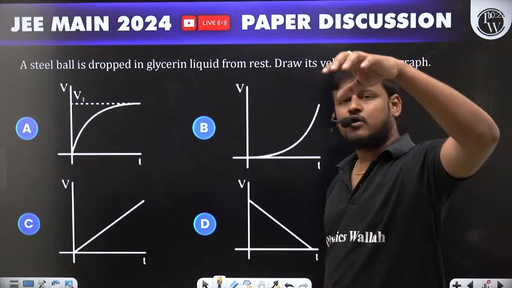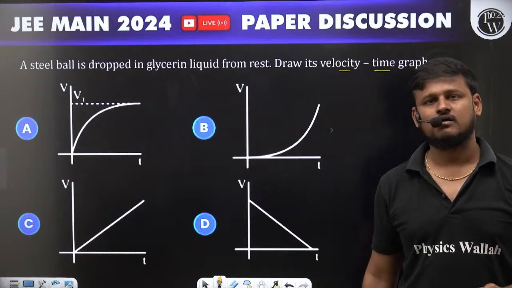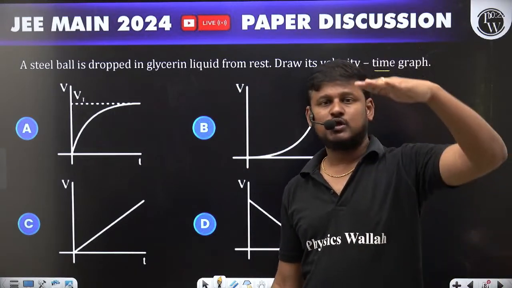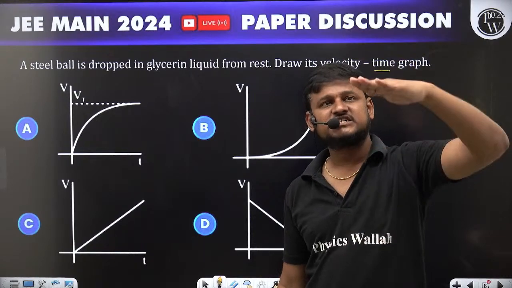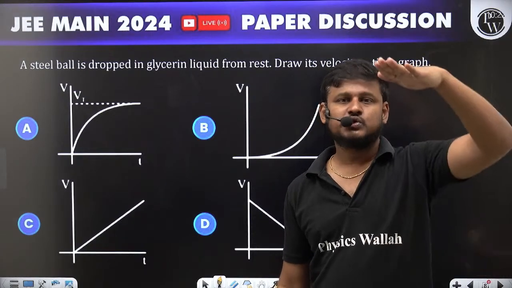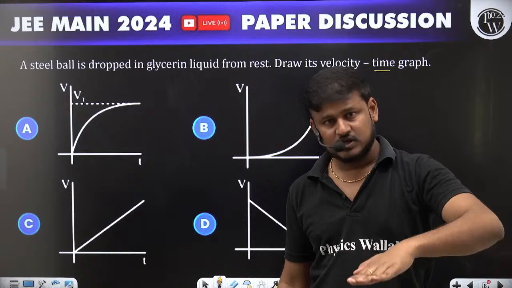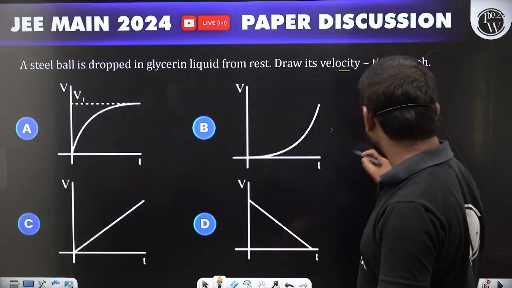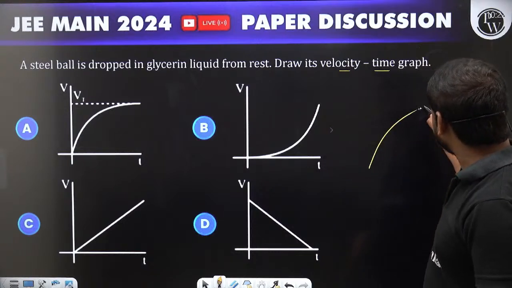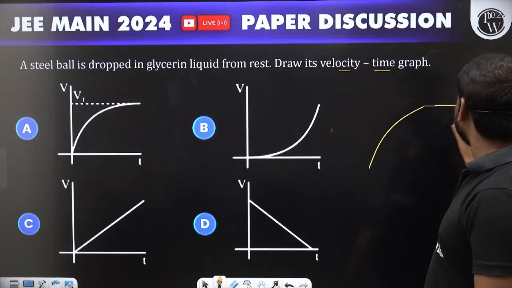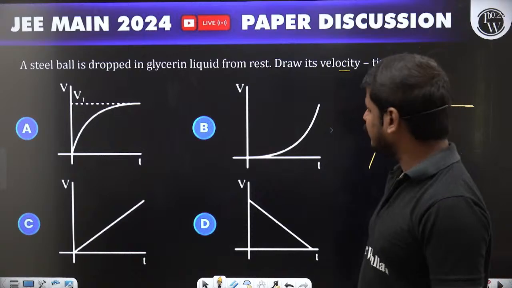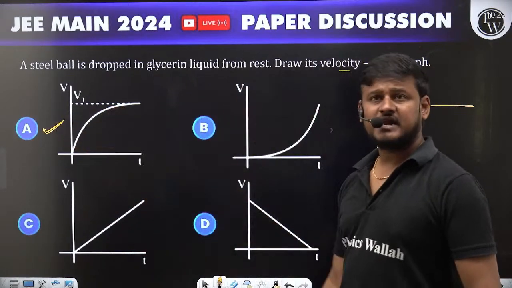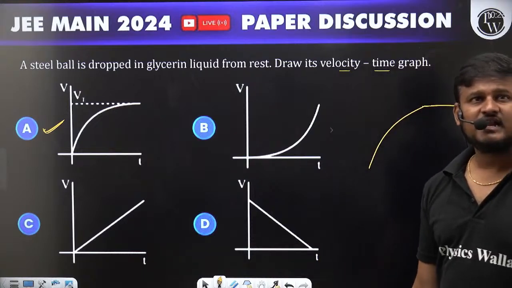When a ball is dropped in any liquid, here the glycerin liquid is given, then its acceleration will be constant at first, and after some time its speed will become constant, right? First its speed increases like this, then its speed becomes constant. So where could you see this graph? Option A itself. This is a direct question. Done?